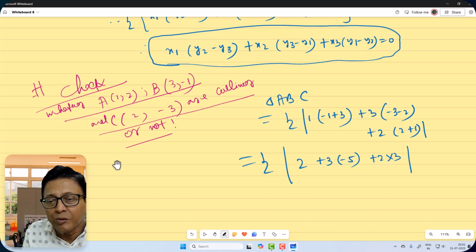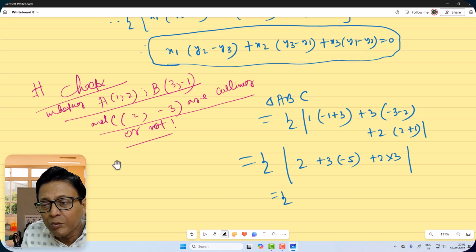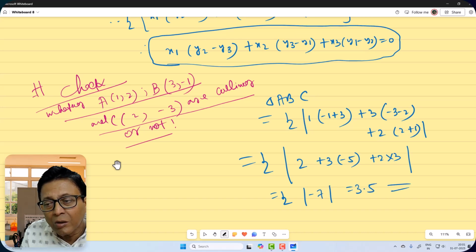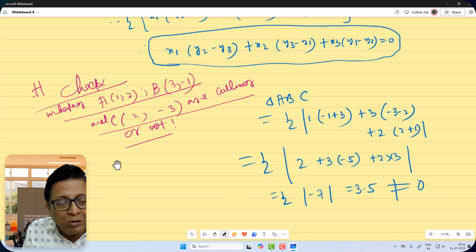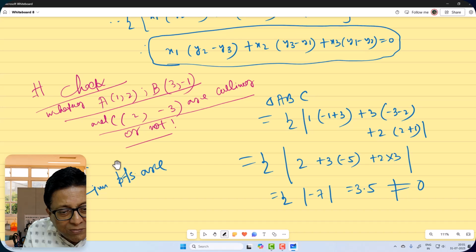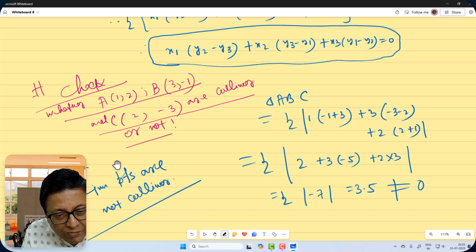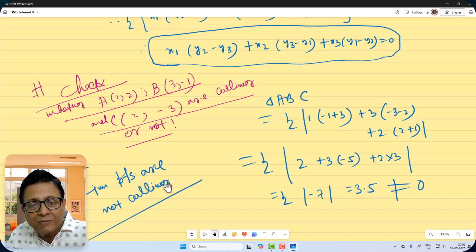So it is going to be half into mod of minus 7, not equal to 0. So what will be the conclusion? Given points are not collinear. Okay? Understood?